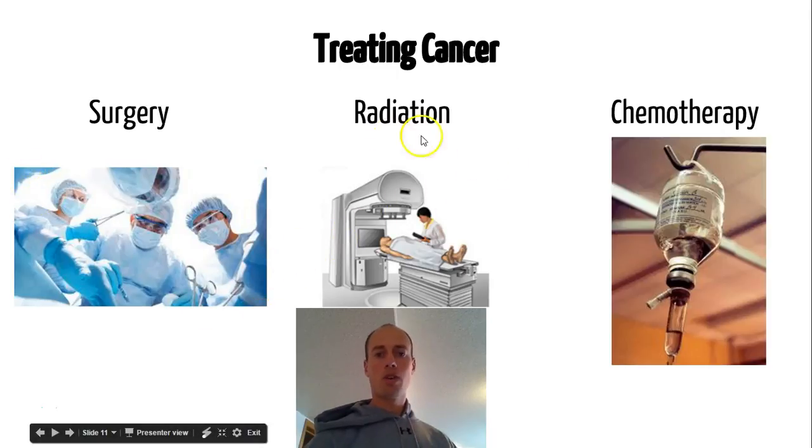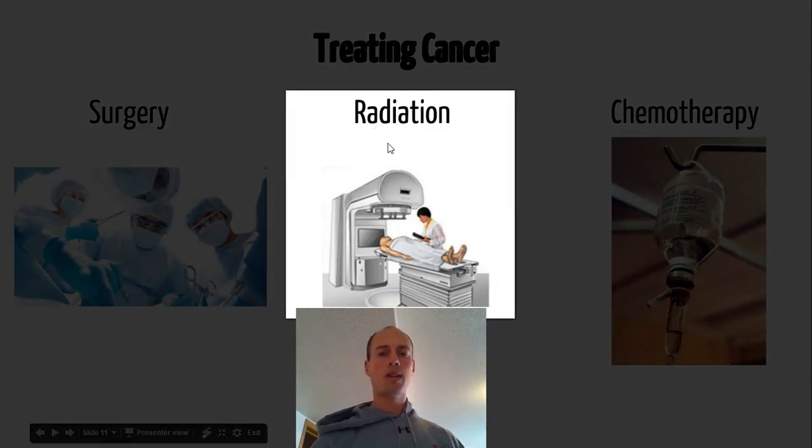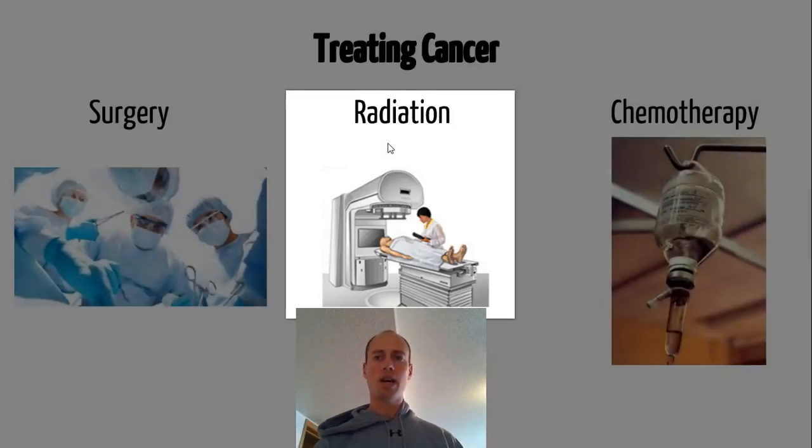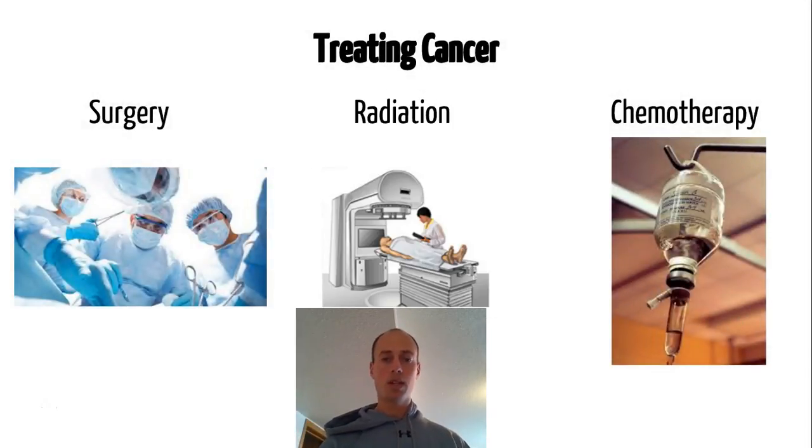So you might have heard of some other treatments of cancer, including radiation, which is really sending high frequency, high energy waves of radiation to try to kill the cells that are growing or dividing the fastest. Remember, cancer cells are dividing uncontrollably, so if they can have treatments that target the cells that divide the most, that way that treatment will pinpoint the cancer more so than other cells in our body that don't divide as much.